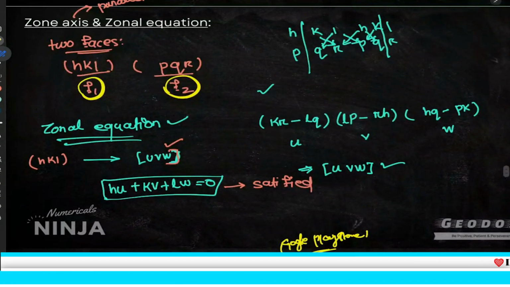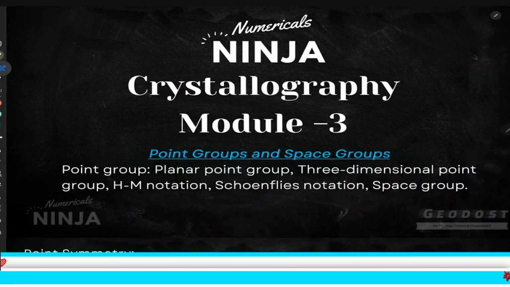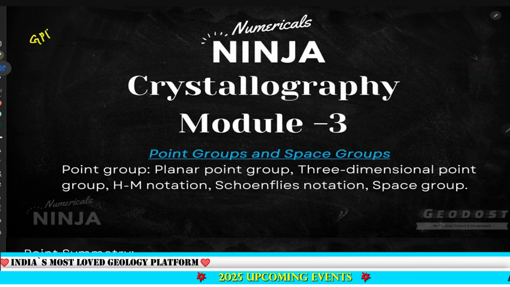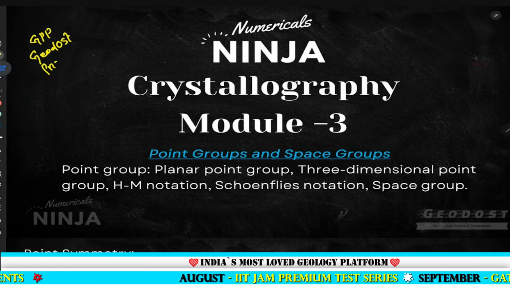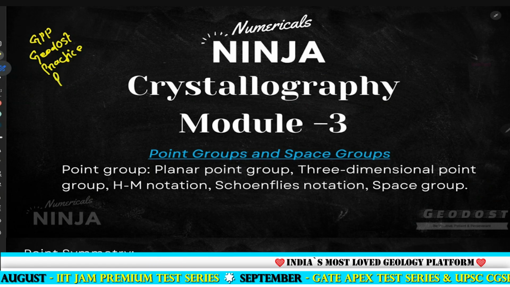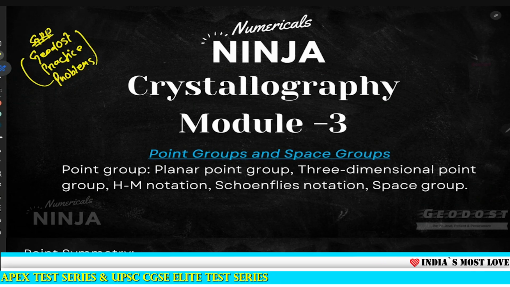Okay, so now we are going to move to our new session. In module 3 there are point groups and space groups. Remember the GPP. GPP means Geodost practice problems. As I have told you earlier, it is going to be released after the end of crystallography.